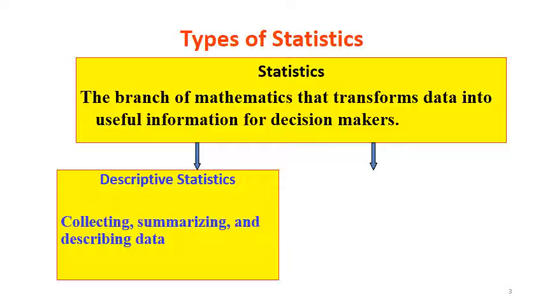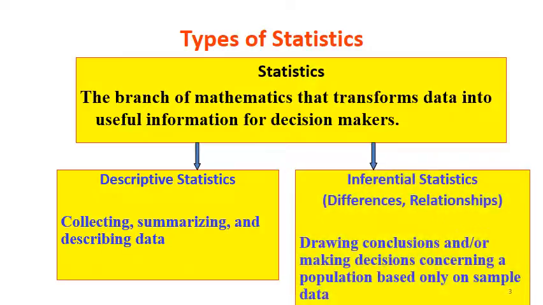And once we've done talking about the sample, then we want to see if we can infer what we found in the sample to the population, and that's where we have our inferential statistics. And we do this also using hypothesis testing to find out for differences and relationships. And we want to see if we could draw conclusions and make decisions concerning a population based only on the sample data.